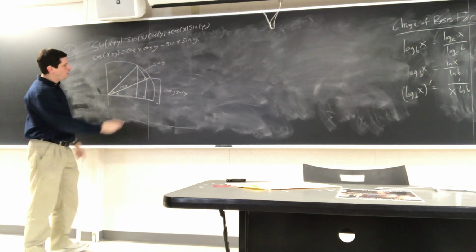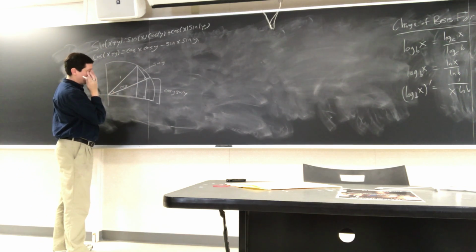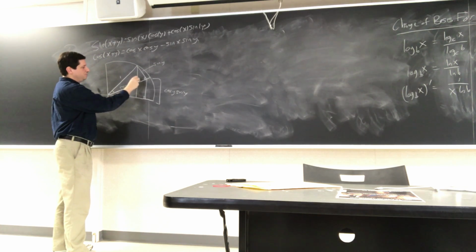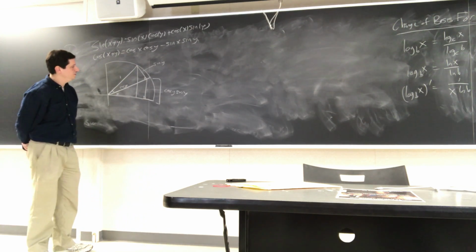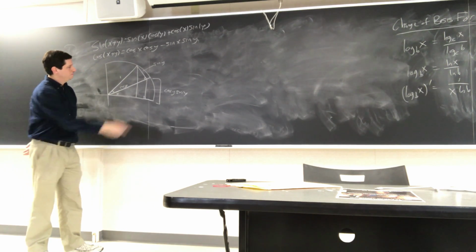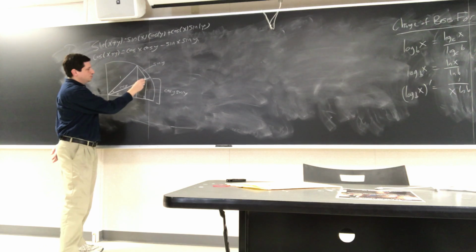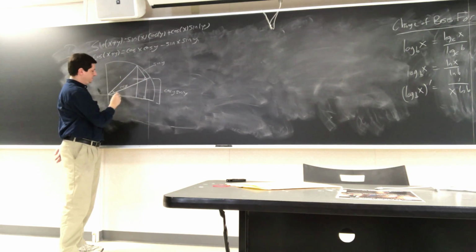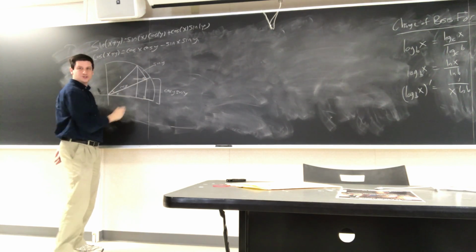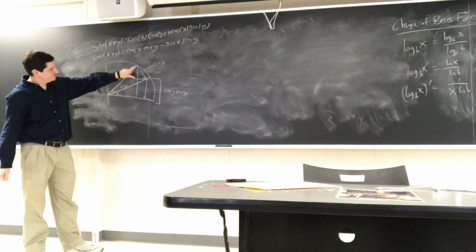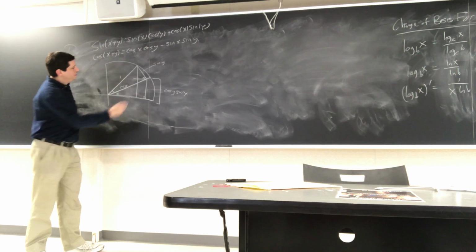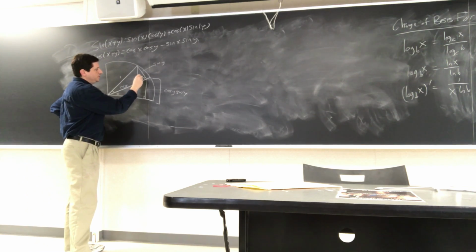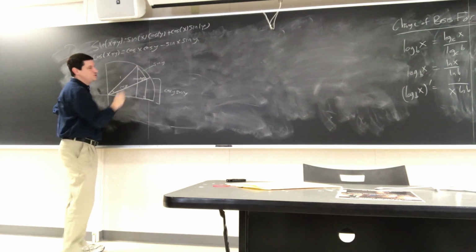Well, if this is sine of y, now you need to start playing right triangle games, and you figure out that what this angle here is probably going to be maybe like an x up there because of parallel lines. If this is x here, that would be x over here. So this length over here, is that going to be x? No, this would be x over here. This would be 90 minus x, so this would be x over there.